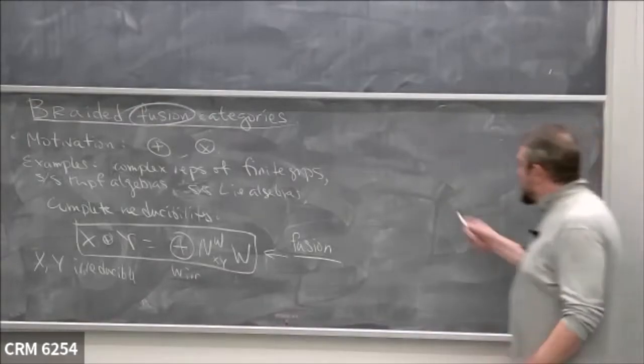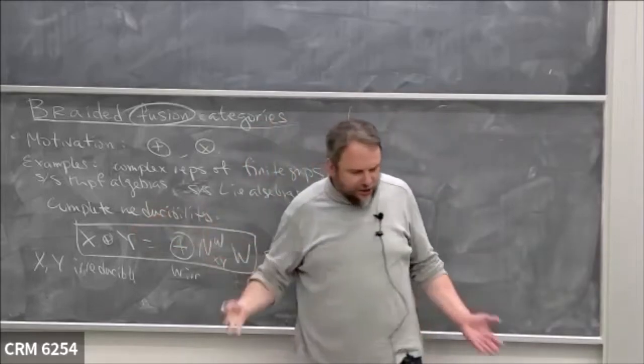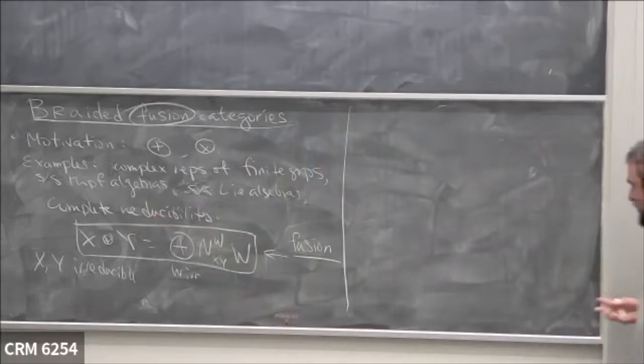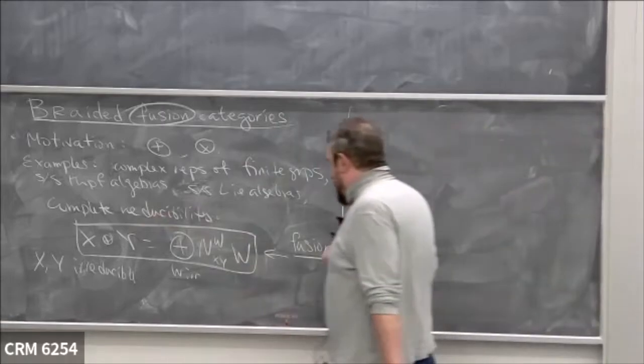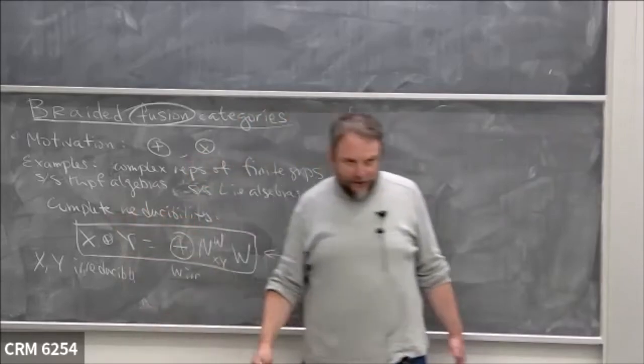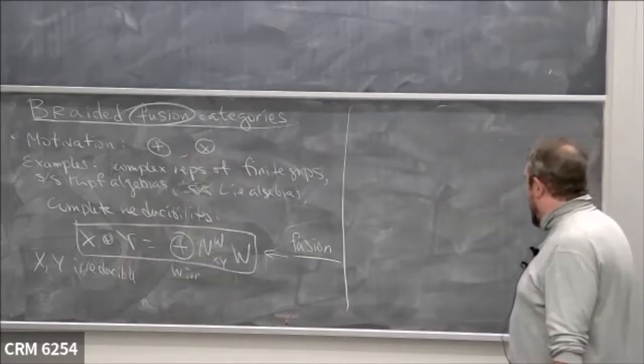Now, it turns out that such structures occur in a wider context, even without underlying algebraic objects or vector spaces, and at least interesting things. So this is the kind of thing I'm going to talk about.